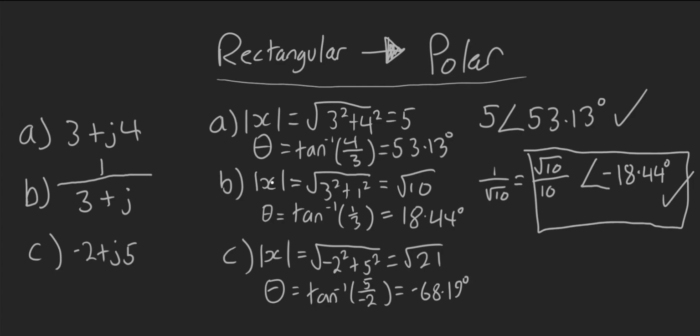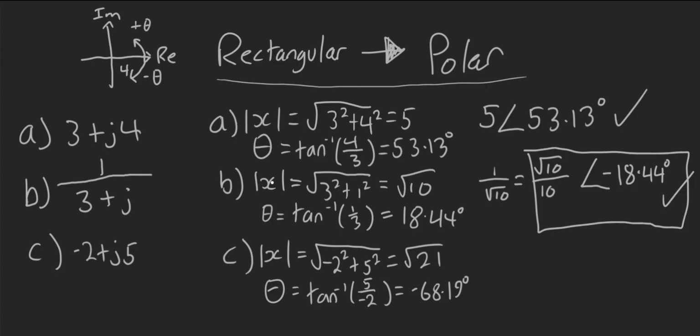But let's check the quadrants here in the top left of a real and imaginary plot. The convention for angle is that a positive angle travels anti-clockwise and a negative angle will travel clockwise. So we just calculated the angle and it's minus 68.19 degrees.